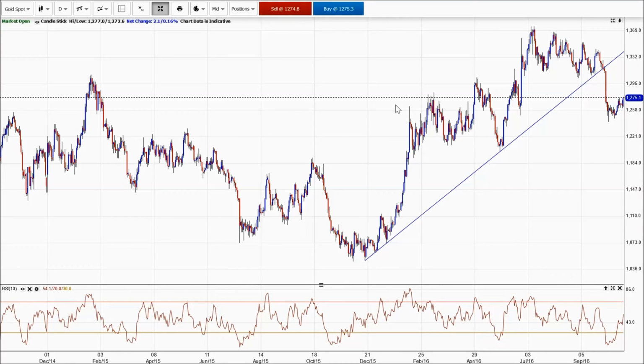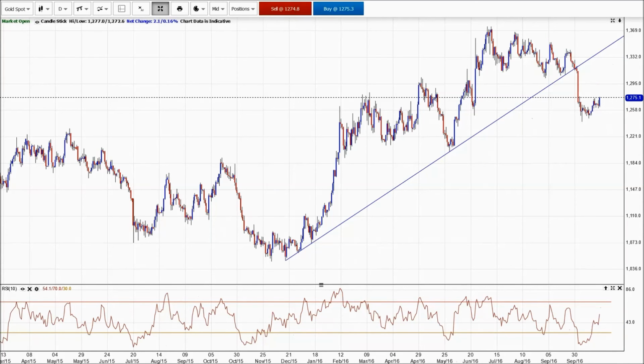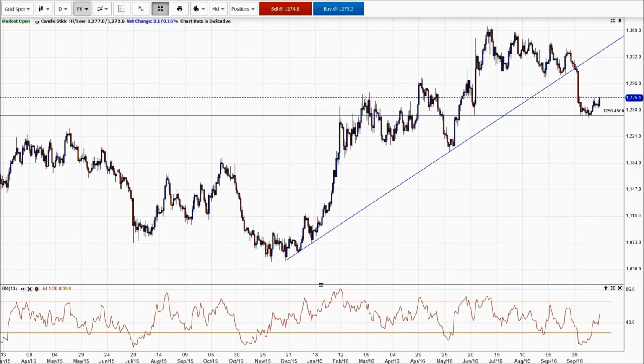And the 1300 mark had done a good job of propping it up. So even though it's broken that, yes, it's lost some momentum. But again, it's something I've been banging on about in the weekly webinars that I do. We still haven't really taken out previous significant lows. So for me, even though it's run out of steam a fair bit in recent weeks, we've still got 1250 left as something of a level.